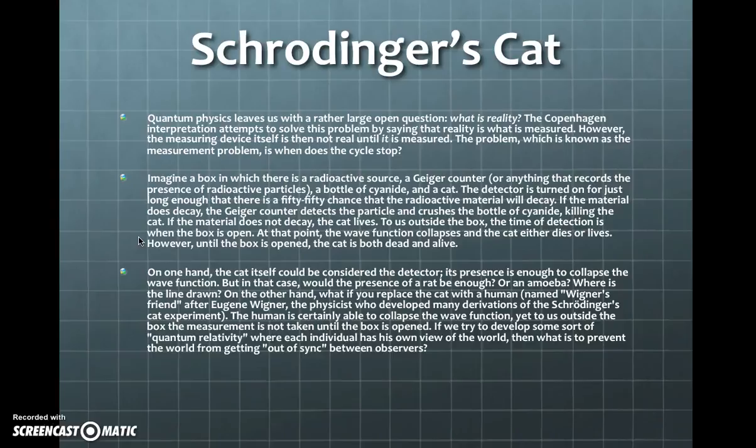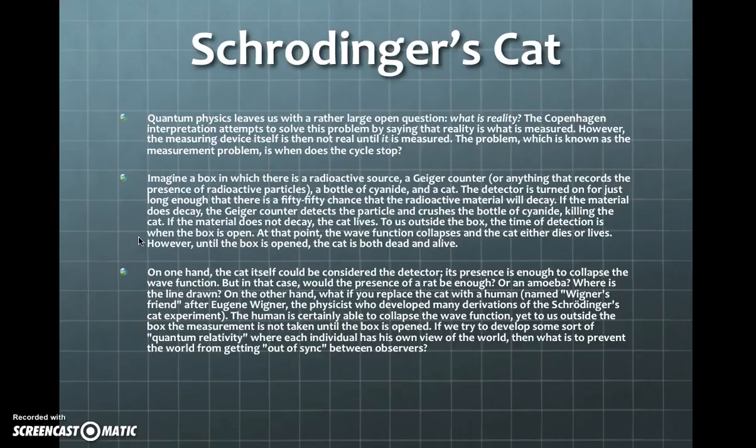So, imagine a box in which is a radioactive source, a Geiger counter, or anything else that might record the presence of radioactive particles, a bottle of cyanide, and a cat. The detector is turned on for just long enough that there is a 50-50 chance that the radioactive material will decay. If the material does decay, the Geiger counter detects the particle and crushes the bottle of cyanide, killing the cat.